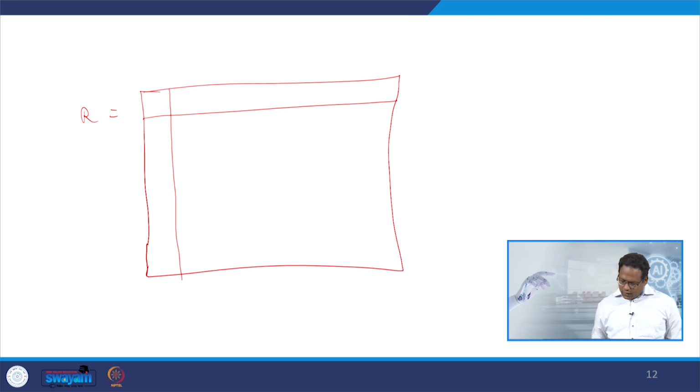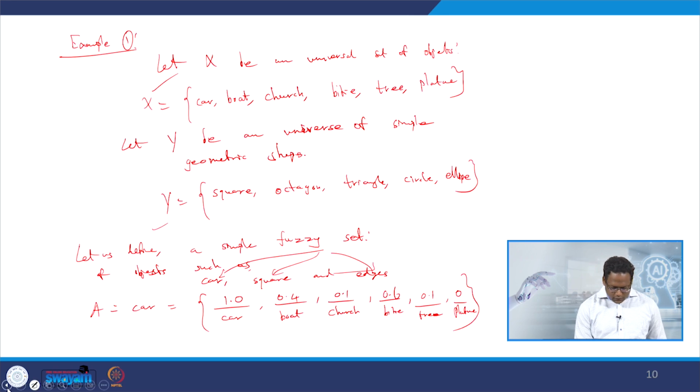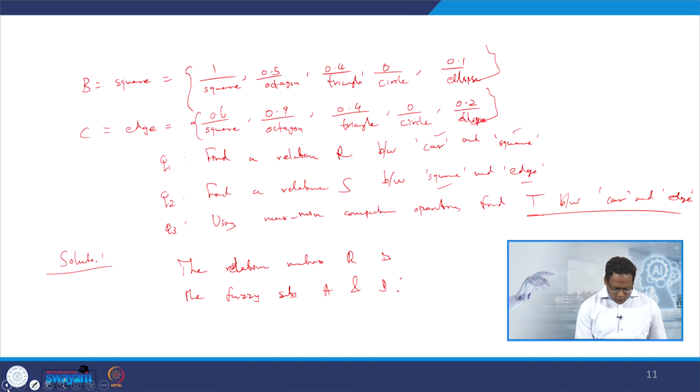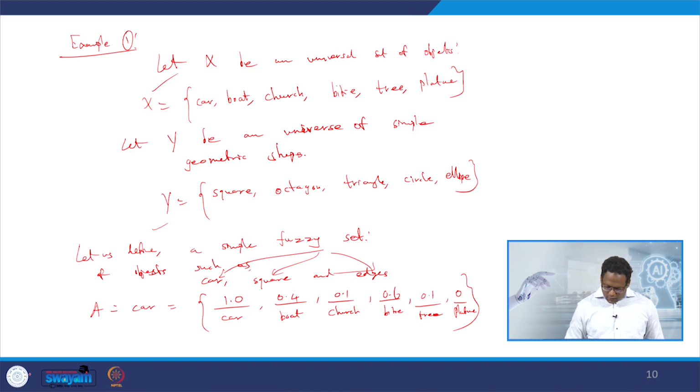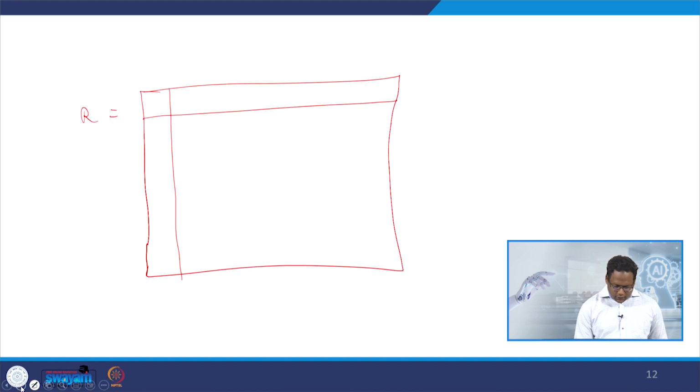A has car, boat, church, bike, tree and plateau as its elements, so we can write them in the column: car, boat, church, bike, tree and plateau.